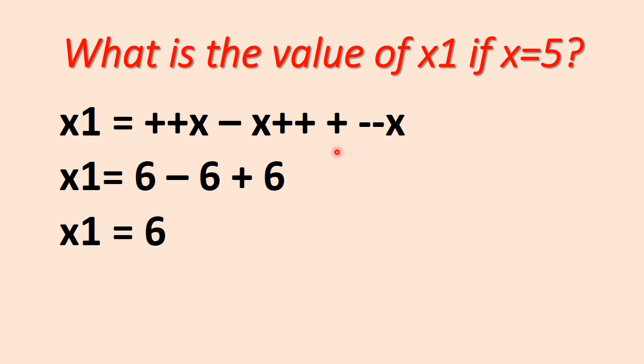So 7 minus 1 becomes 6, and 6 will be used in this expression. So finally we can say that 6 - 6 + 6. In this way the final value: 6 minus 6 will be cancelled, what will be left? 6. Okay, so the final value of x1 is 6.